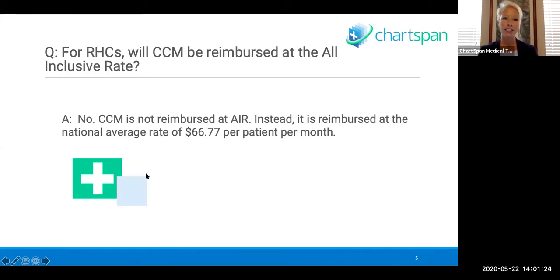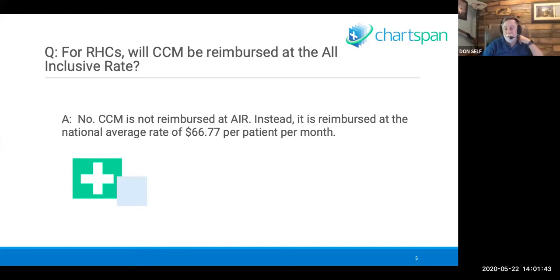And then for RHCs, this is a common question. RHCs, sometimes FQHCs, are used to billing as that all-inclusive rate. They get higher reimbursements. It's a fantastic opportunity to bank on CCM services. However, is that something that RHCs and FQHCs can do with CCM?